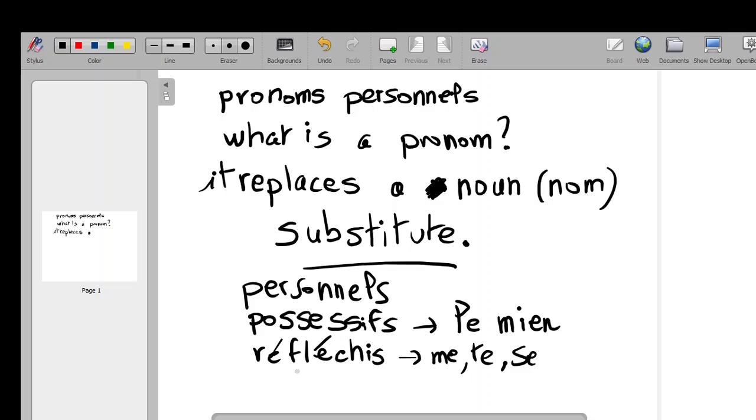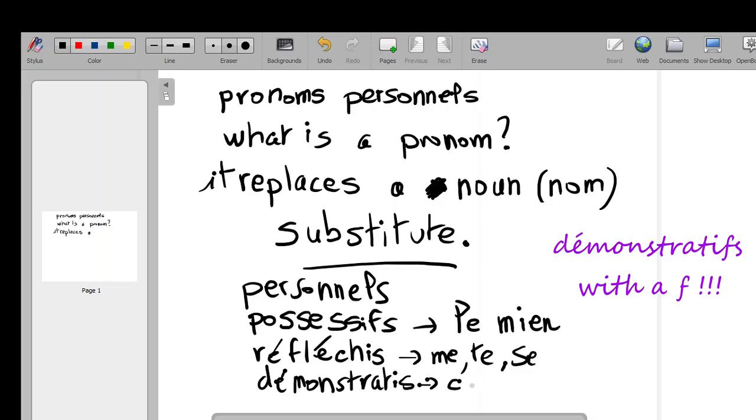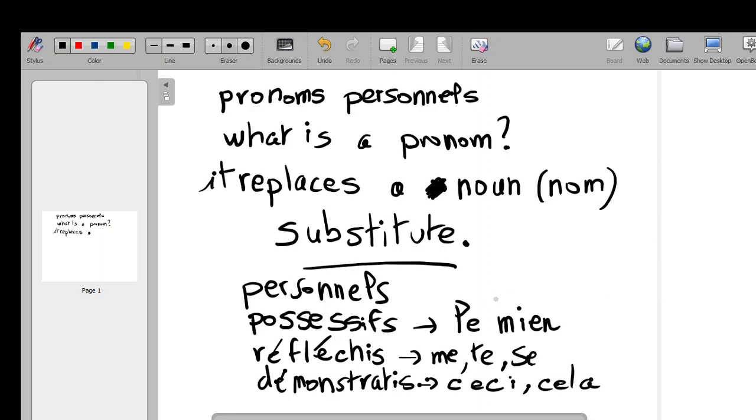So pronom réfléchi, pronom démonstratif. Pronom démonstratif, like ceci, cela. And there's more. We'll continue here.